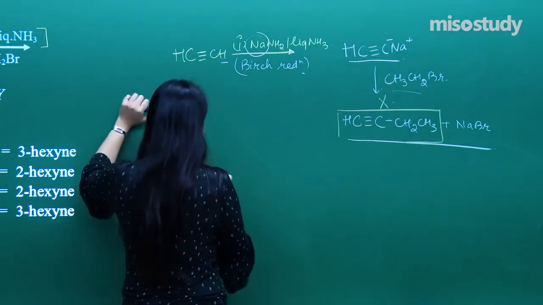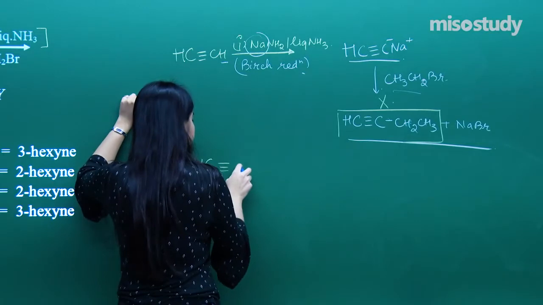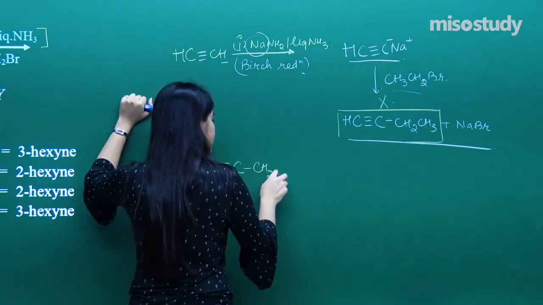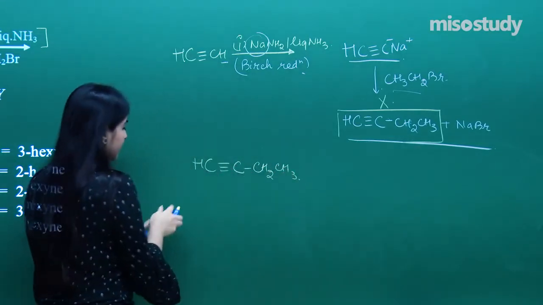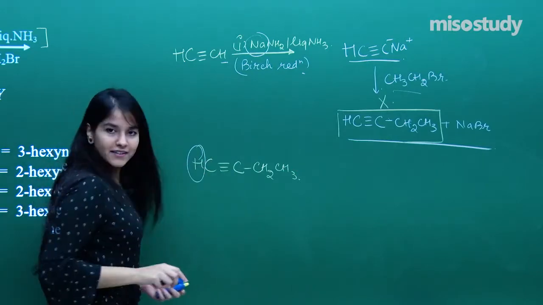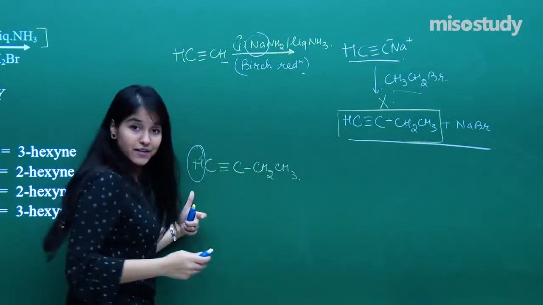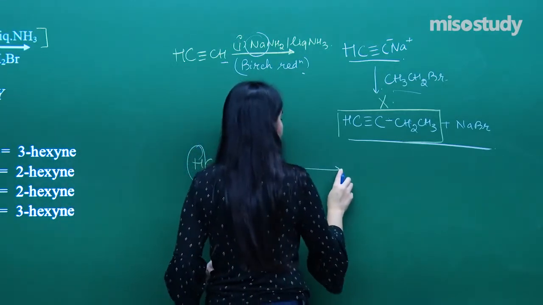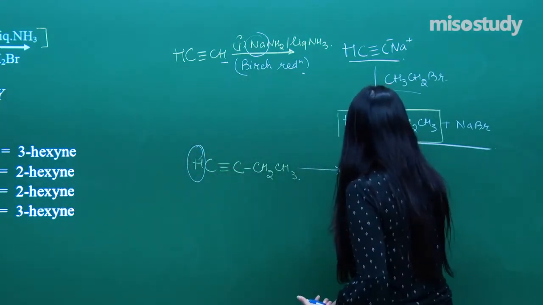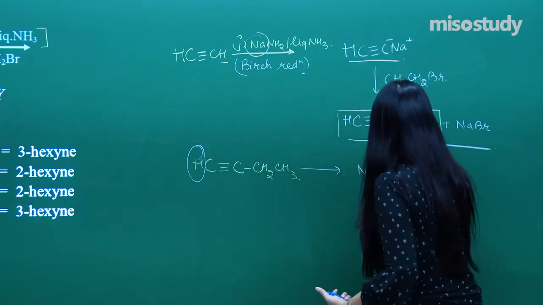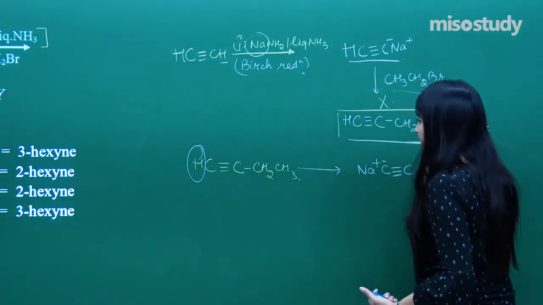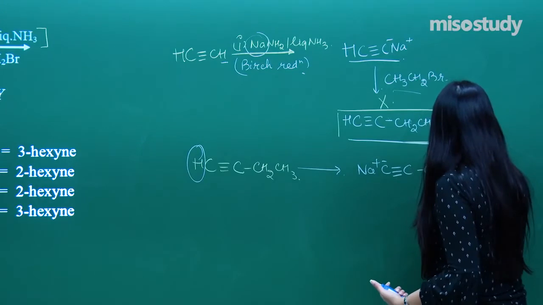Now this X is again treated with the similar reagents. Again we have got another acidic hydrogen. It also gets removed, and what do we get? We get an Na positive. Similar way we have to do. So that means we get Na positive, C negative. That is what we are getting again.